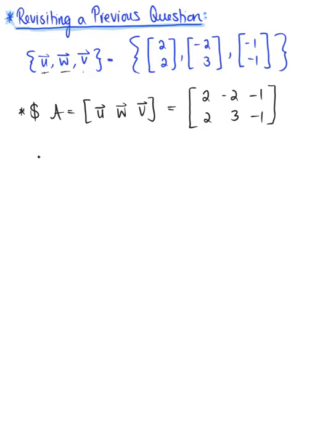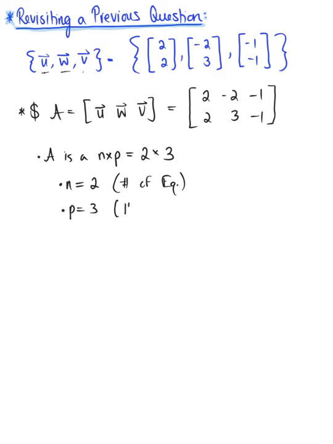By definition, we know that matrix A is an n by p matrix, where n is the number of rows, 2, and p is the number of columns, 3. So we can think about n being equal to 2 as the number of equations in this linear system, and p being equal to 3 as the number of unknowns, the number of variables, or those weights.